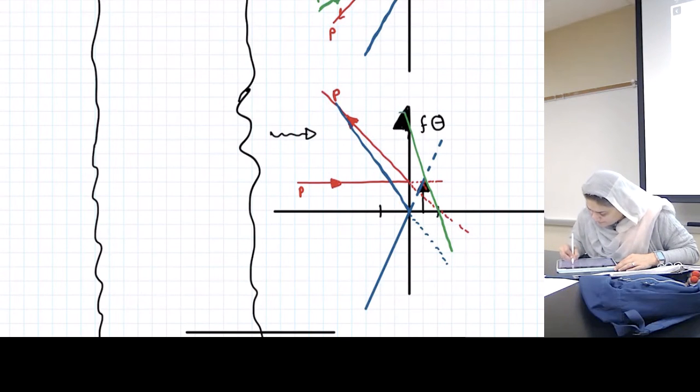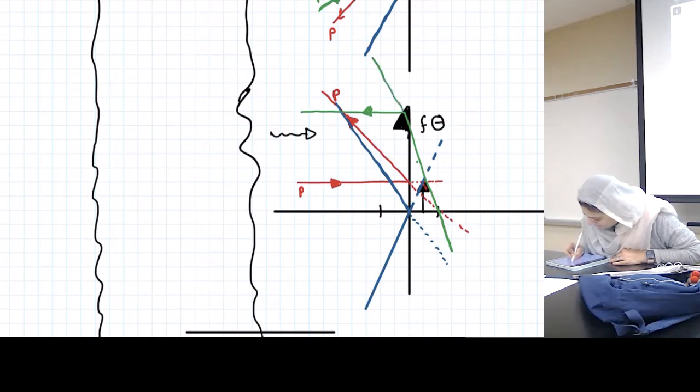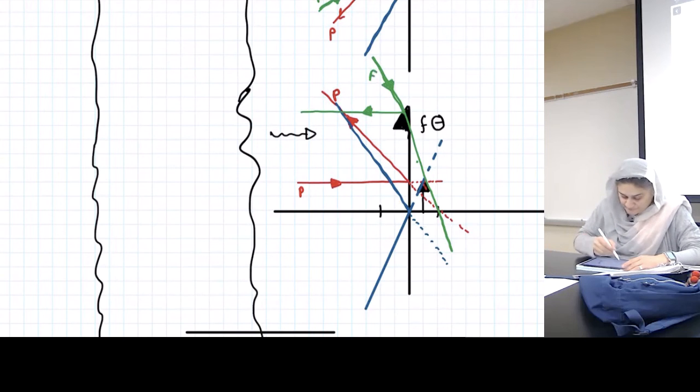And then it becomes parallel to this. So then this will come in here, hit that and go away.